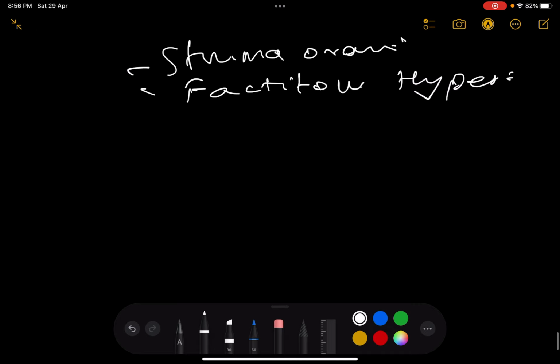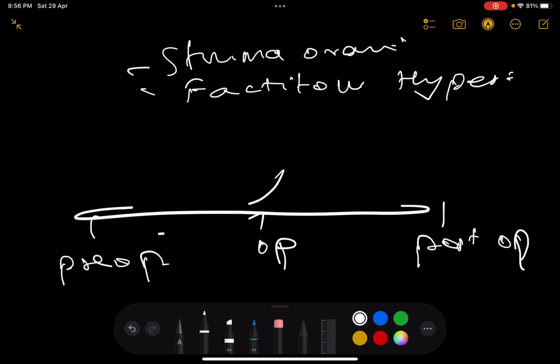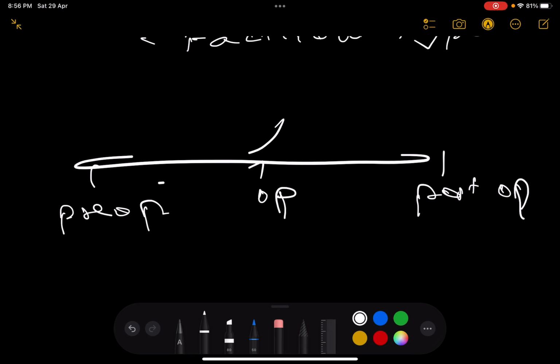Easy, very easy. So how do you want to manage hyperthyroidism? There are three things that you should consider: pre-op, op, post-op. Most of the cases we do drugs and surgery both. Sometimes we do just drugs, and that's fine as well.